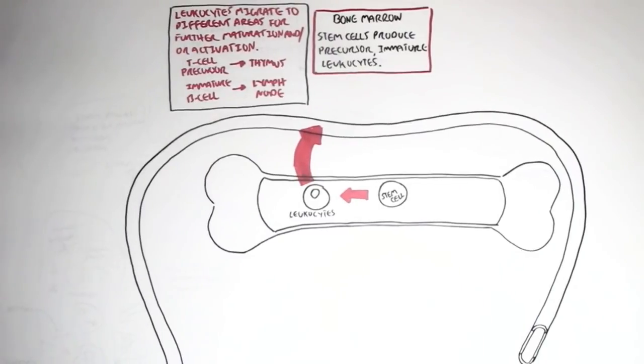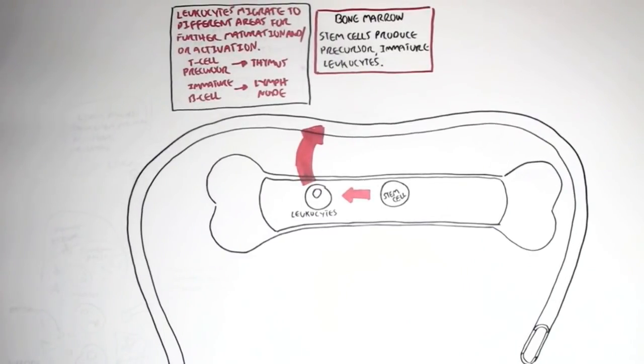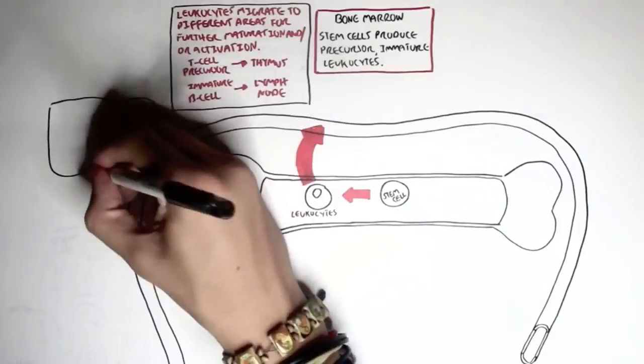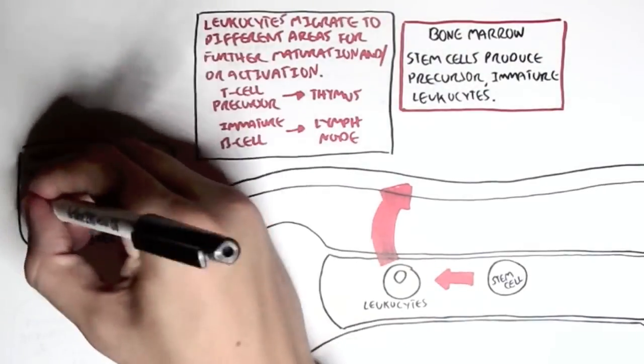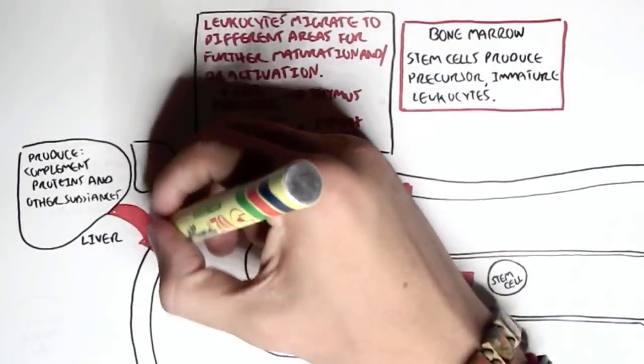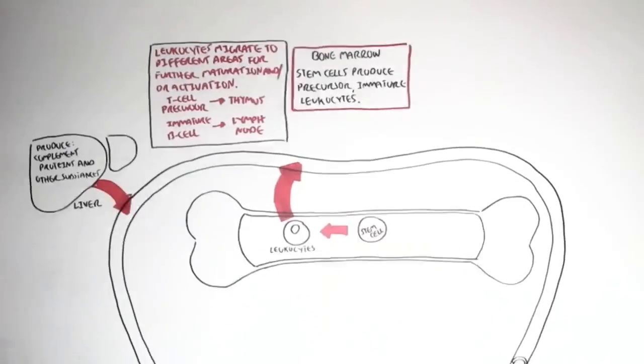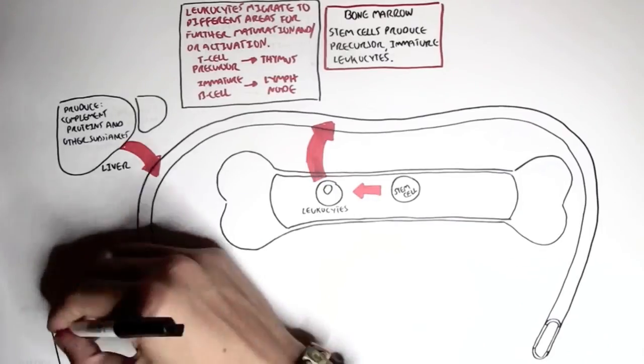And then in part 2, we looked at the different organs and tissues within the immune system and how the different leukocytes migrate or move into these different tissues. The liver, as we have learned, produces important substances for the immune system, such as the complement proteins, which are important in the innate immune system.